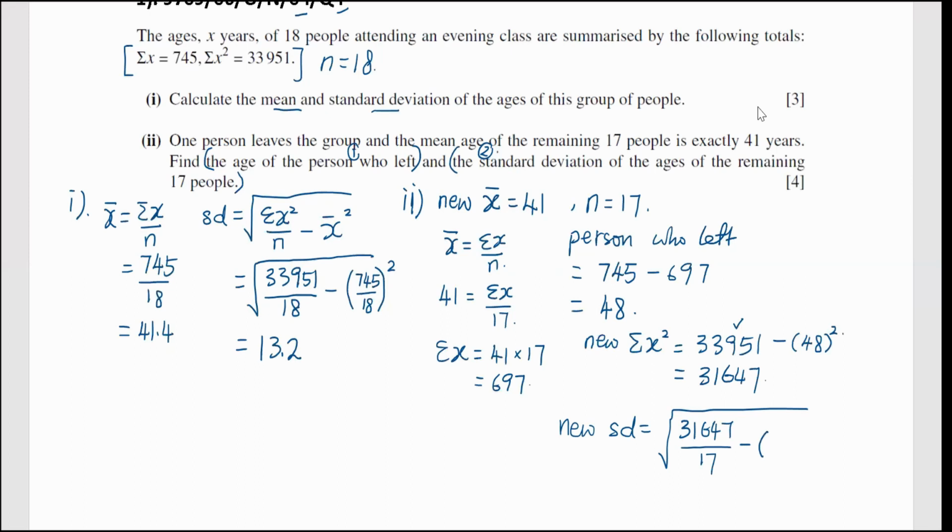This is the mean of the 17 people, so it's 41, and square it. And now we will be able to get the new standard deviation of these 17 people. Using a calculator, the answer is 13.4, rounded to 3 significant figures.